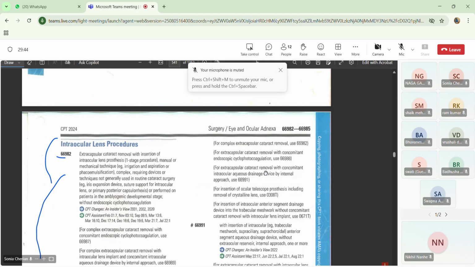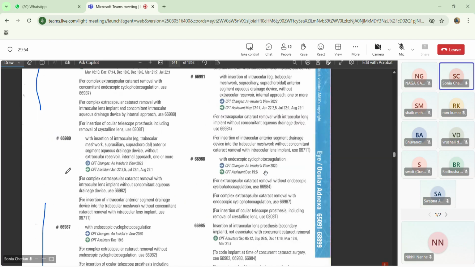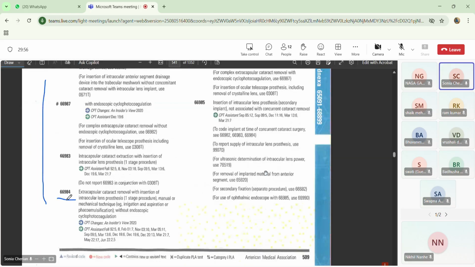Before that, I'll just teach you what a simple cataract is. A simple cataract only takes 10 minutes. They will cut open, take away the lens, aspirate that clouding, that whitish discoloration from the lens, and replace the lens with a prosthesis.